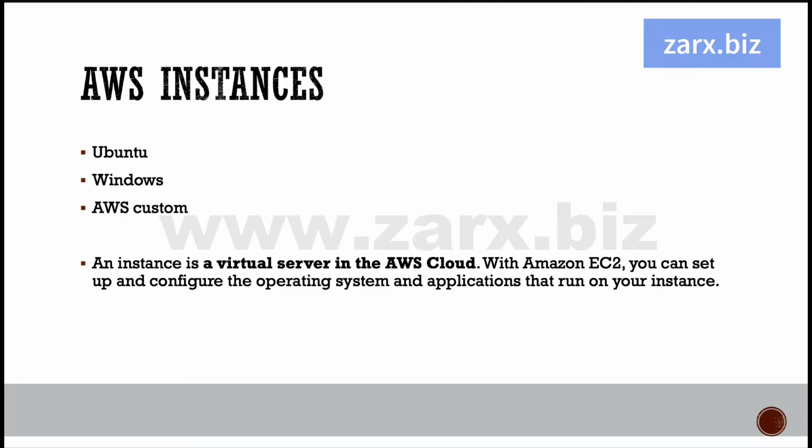For example, you want to host your website on an Ubuntu server. That is a single instance that's going to hold your application, and that instance has Ubuntu server. You might have Windows server, you might want to try AWS custom servers. So that's what an instance is.